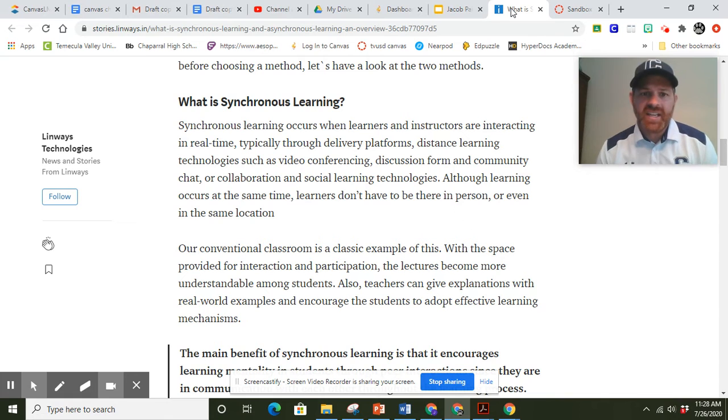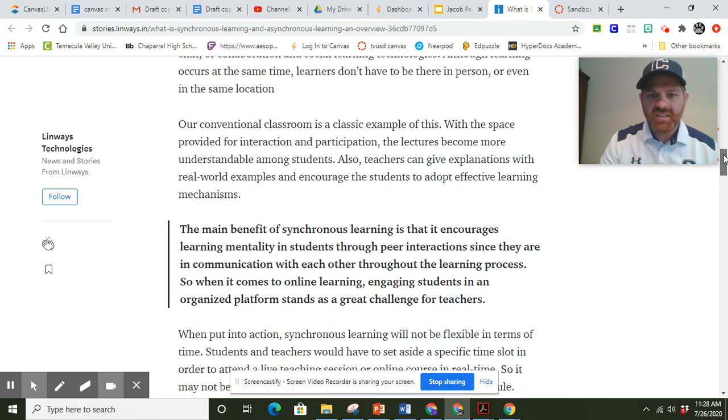They have a question, I get to answer it. They can communicate with their classmates, they can communicate with me. That's all synchronous. So we need to take that live feel from a classroom and make it happen even though everyone is sitting in front of a computer screen at their home. So that's going to be part of our discussion in some of these lessons.